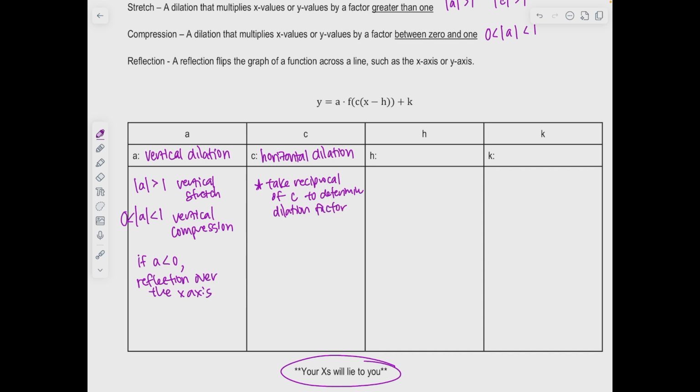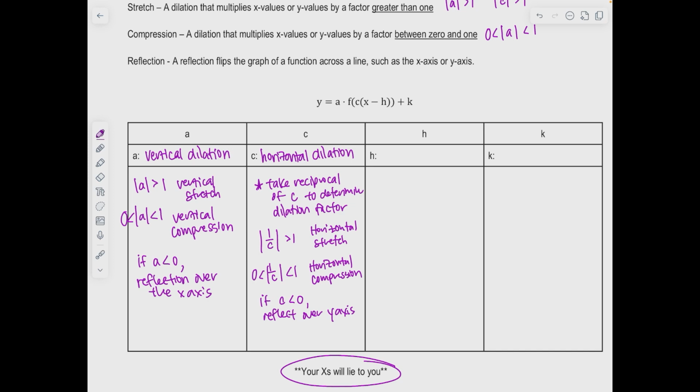So what that means is this: if the reciprocal of c is greater than 1, it's going to be a horizontal stretch. If the reciprocal of c is between 0 and 1, it's a horizontal compression. Okay, and then if c value is less than 0, we are going to reflect over the y-axis.